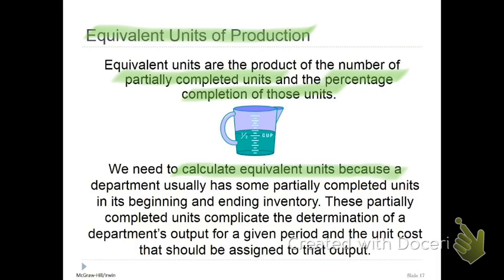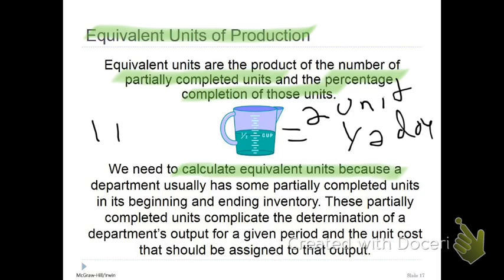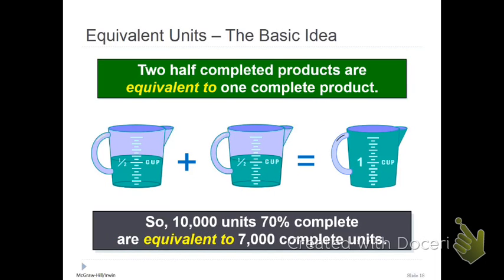And what we're basically going to say is if we have 2 units and each one is half done, halfway complete, that equals 1 being all done. So it's these partially completed units that are going to make our life in this chapter more difficult. The basic idea is that 2 half-completed units are equivalent to 1 complete unit.